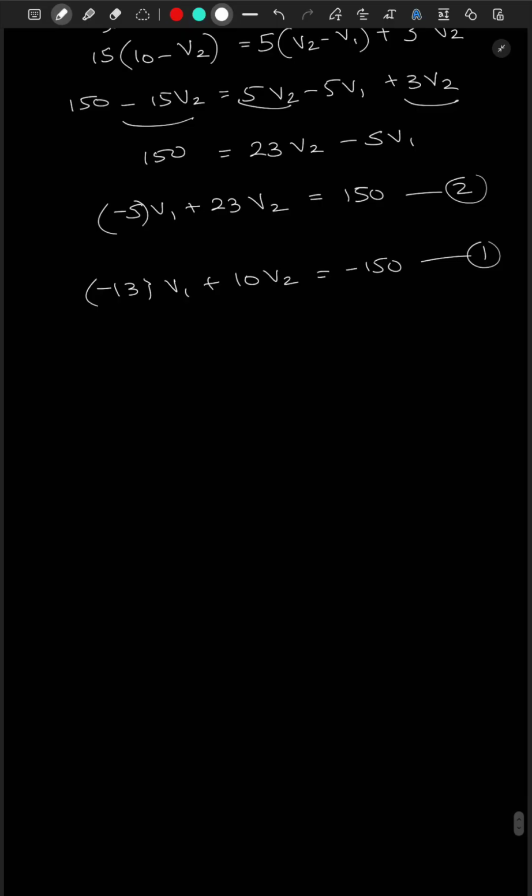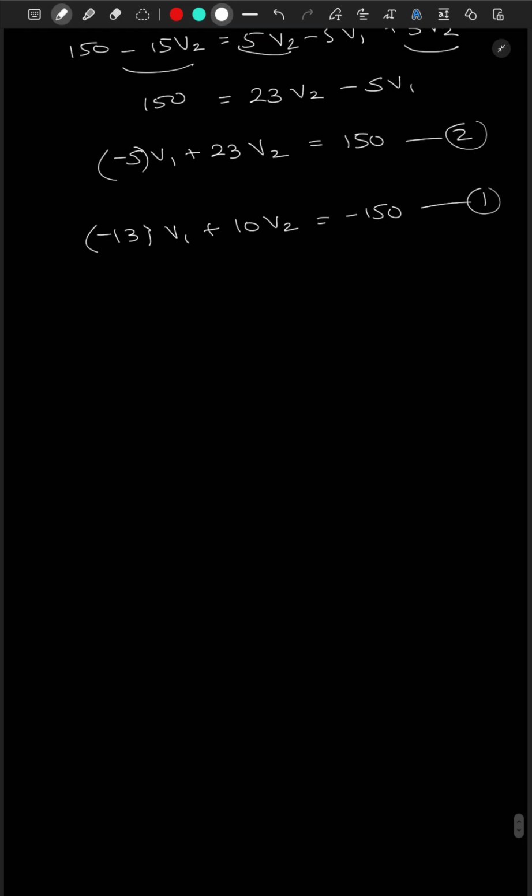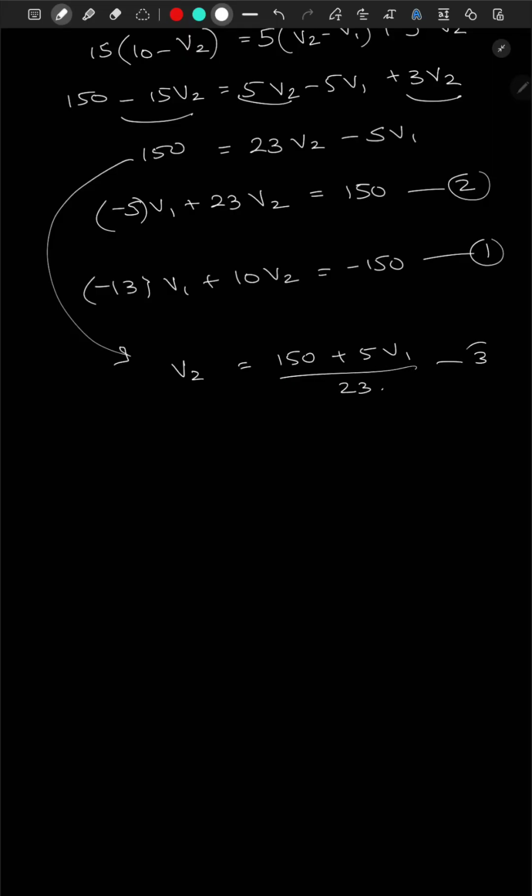Okay, so let's use simultaneous equations. From this side, V2 is equal to 150 plus 5 V1 divided by 23. So this is equation 3.